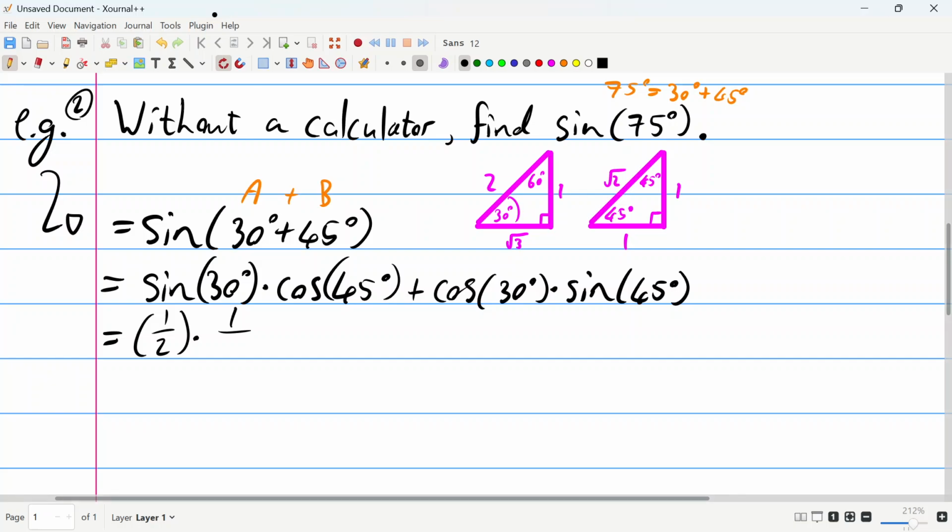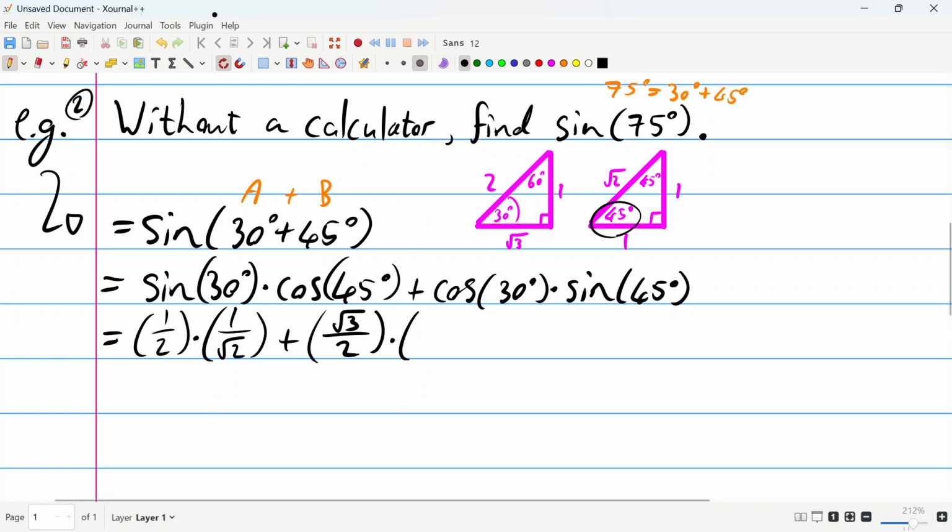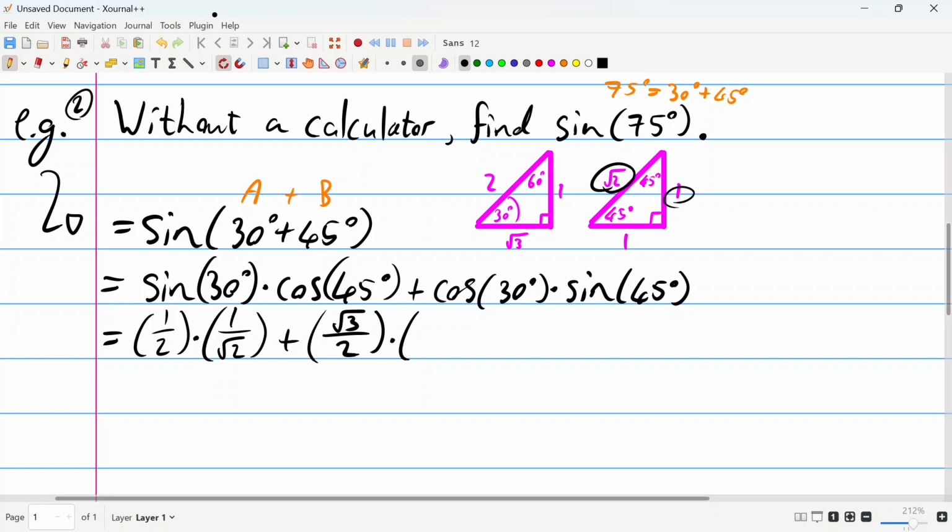Okay. So it's 1 over root 2. Plus, we have cos of 30 degrees. 30 degrees is here again, and it's going to be root 3 over 2 because it's adjacent over hypotenuse, right? And then that's multiplied by sine of 45 degrees. 45 degrees here, opposite over hypotenuse. Therefore, it is just going to be 1 over root 2. Okay? Great.